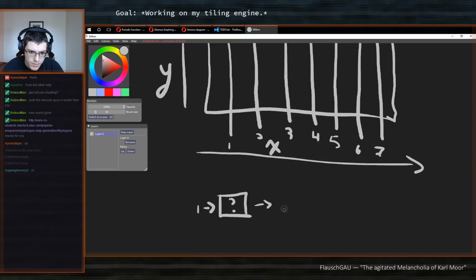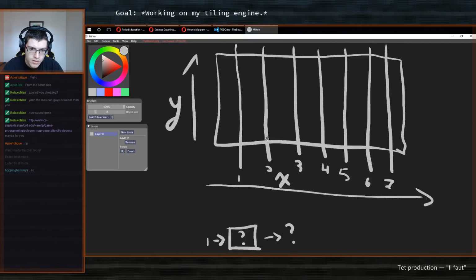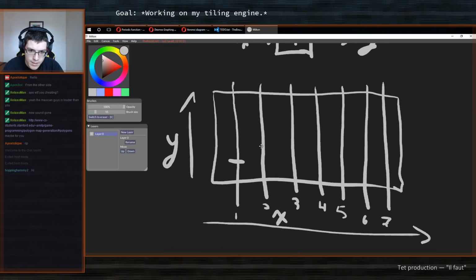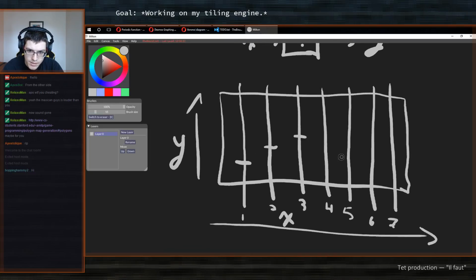If it only outputs a single variable, then maybe at 1 I'm here, at 2 I'm here, at 3 here, at 4 I'm down here, at 5 I drop, then 6, and then maybe at 7 I'm here. So this sort of does this graph.